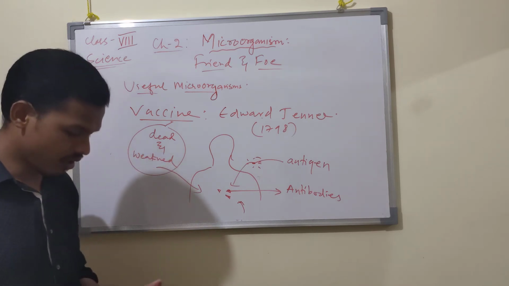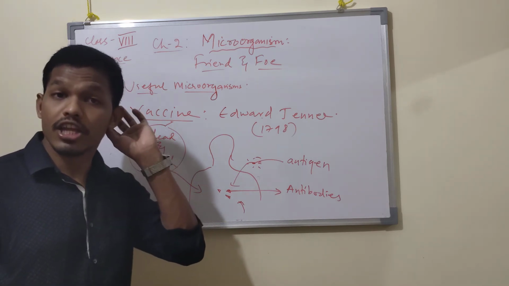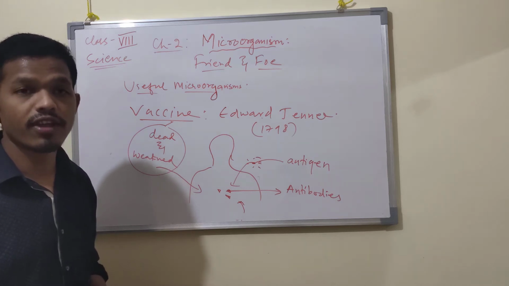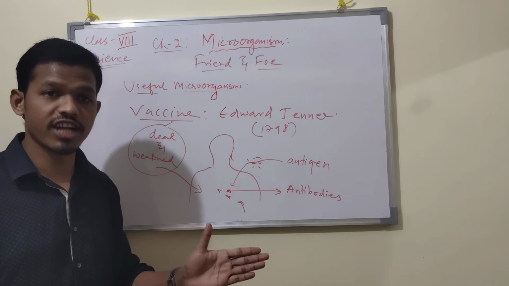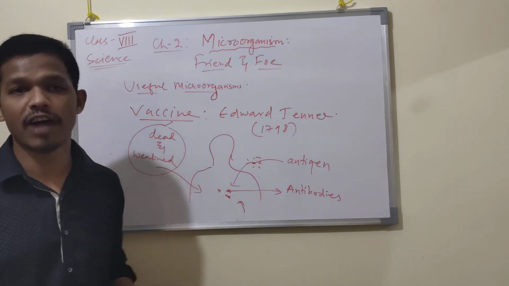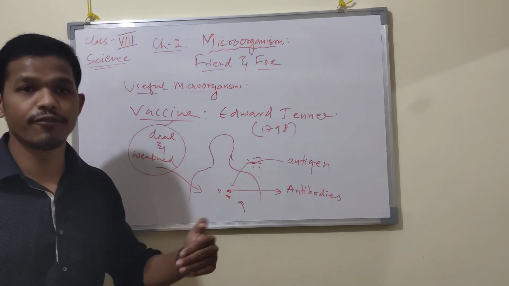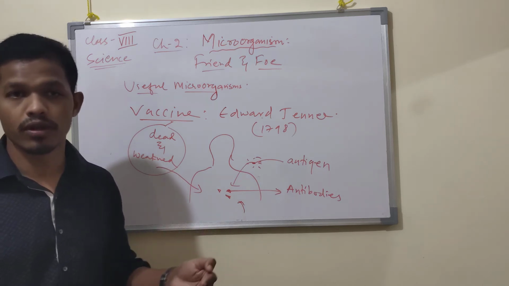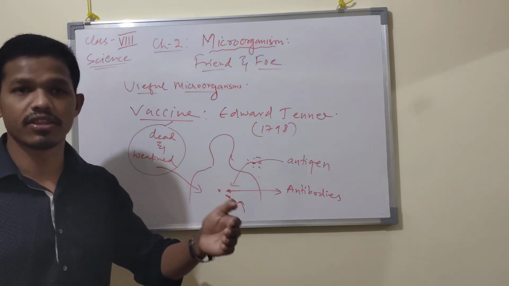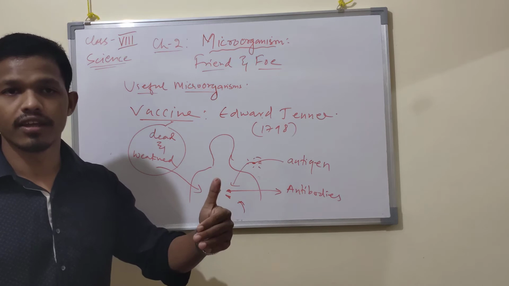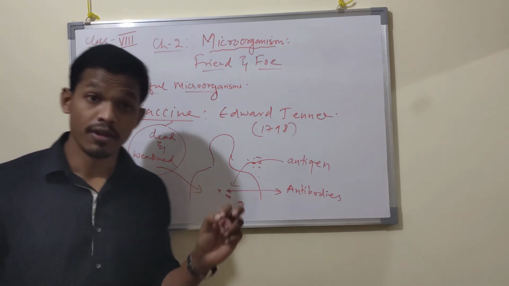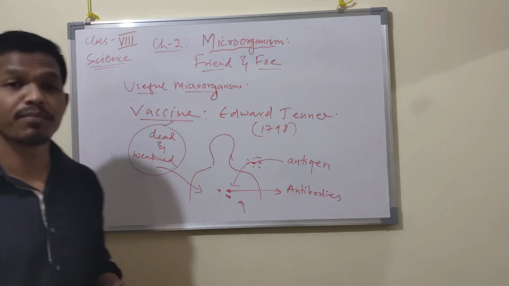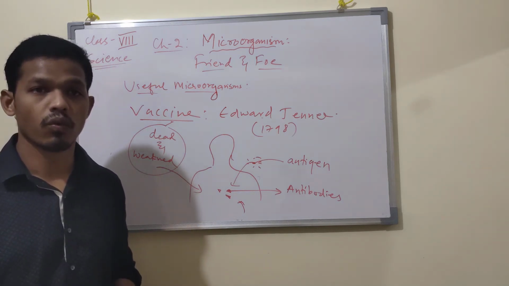In your childhood, you are given various injections from birth, from 0 years to 5 years, every month, 3 months, 6 months, 1 year, 4 years, 5 years. Why?